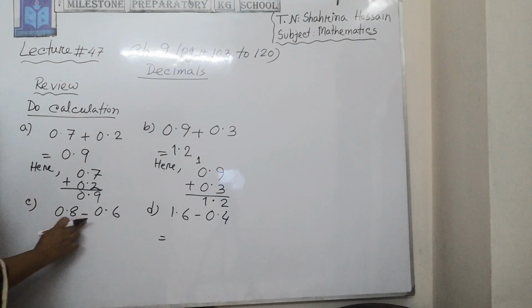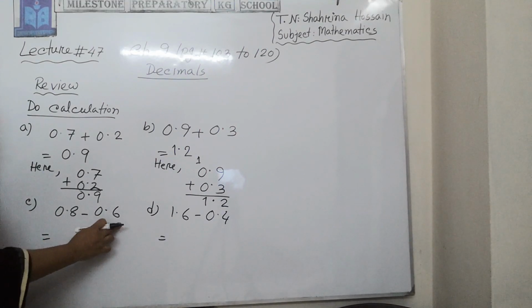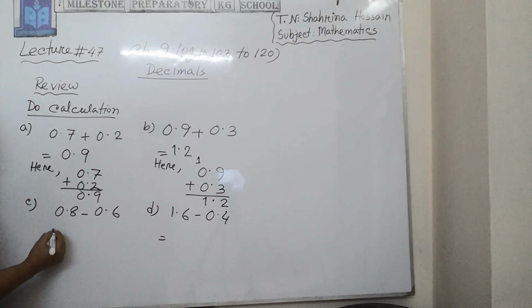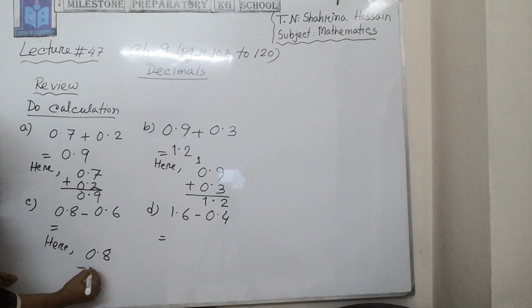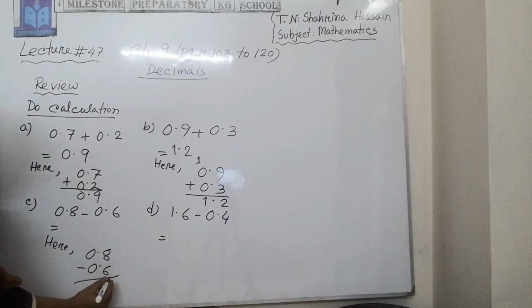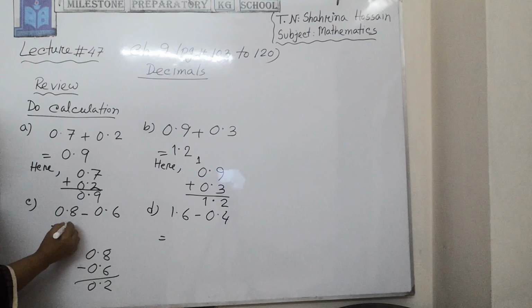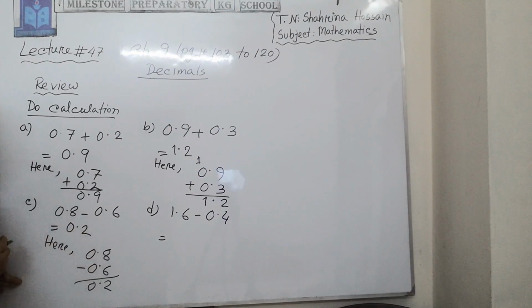Now subtraction. Here 0.8 minus 0.6. So we can show here 0.8, then minus 0.6. So 8 minus 6, my answer is 2 and the decimal is here, 0 minus 0. So my answer is 0.2.